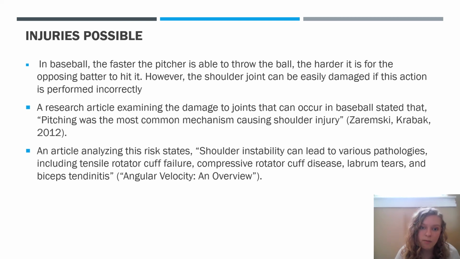And there's been some research looking at the damage that can happen to the shoulder joint in baseball, and pitching was the most common cause of shoulder injury, and those types of injuries can be like tensile rotator cuff failure, compressive rotator cuff disease, labrum tears, bicep tendonitis, and there's other ones, but those are the main ones that occur when this joint is overexerted.